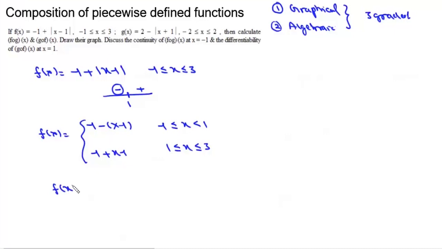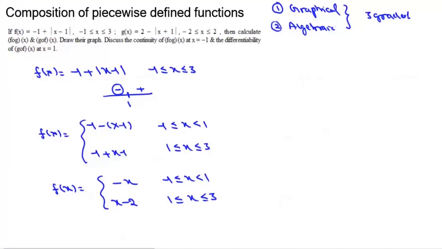So basically this function f(x) is defined as minus x when x lies between minus 1 and 1, and it is x minus 2 when x lies between 1 and 3.